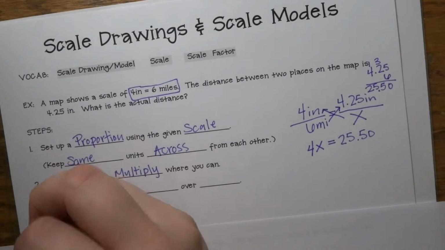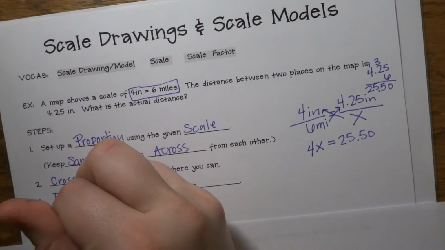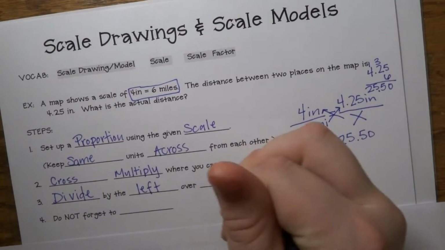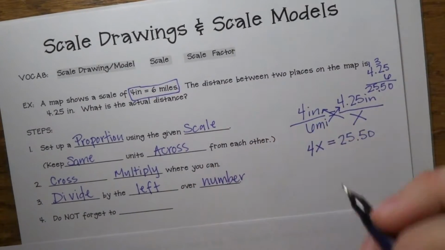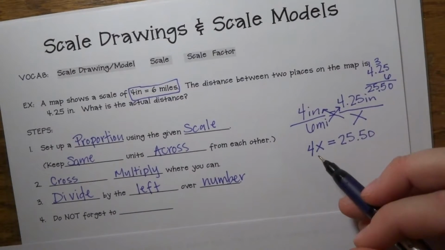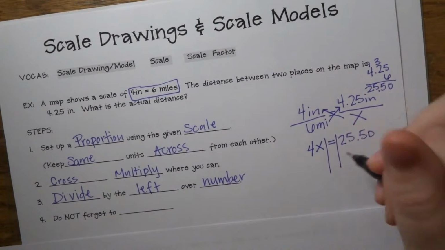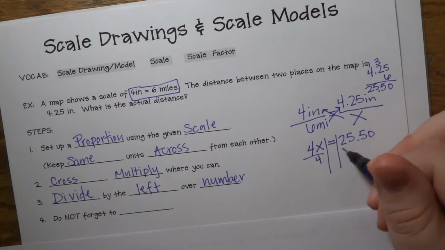Okay, so we cross multiplied. Let's see what our next step is. It says divide by the leftover number. So that's saying that we want x by itself. So we could do our railroad tracks. We want to divide by 4. What we do to one side, we must do to the other.